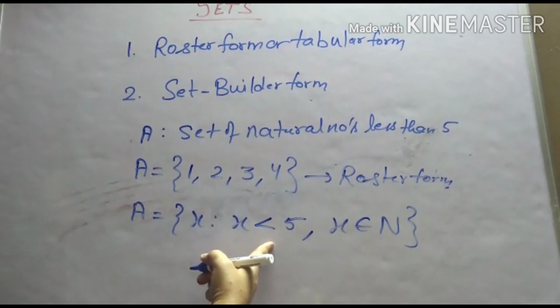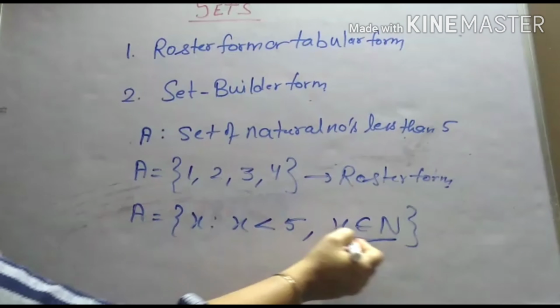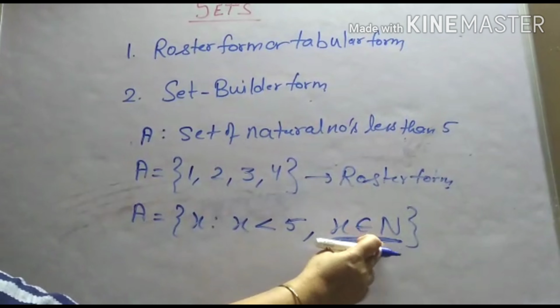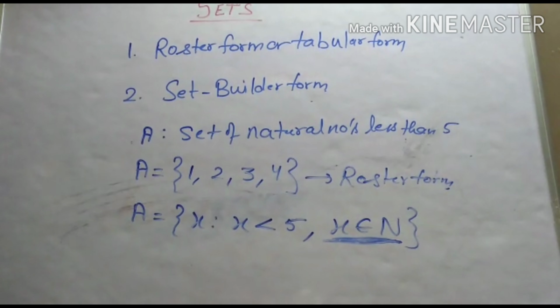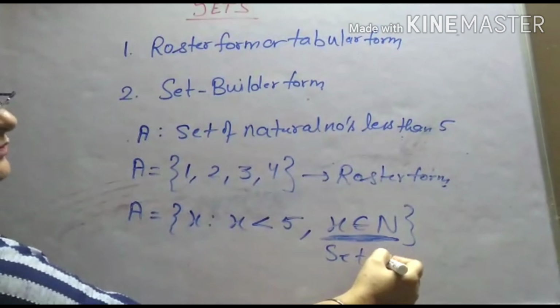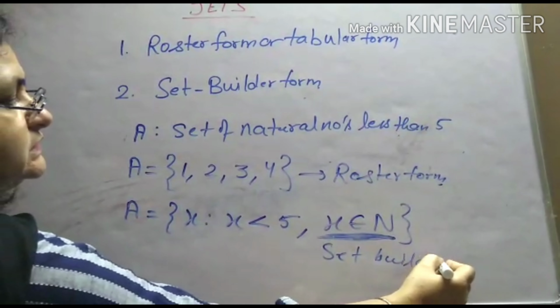It can be 2.5, 2.4, but this x belongs to N, so the number should be a natural number. It means we are talking about the numbers 1, 2, 3 and 4. So this is the set builder form of this set.